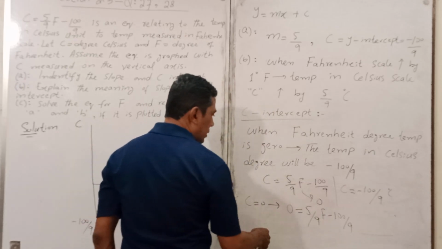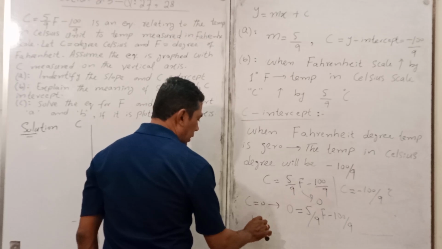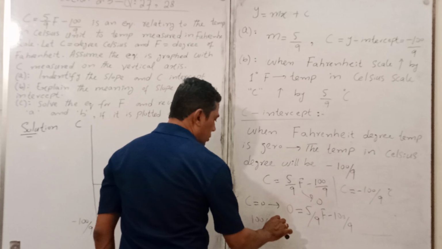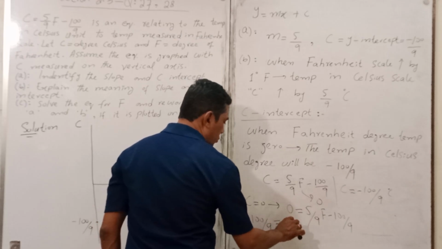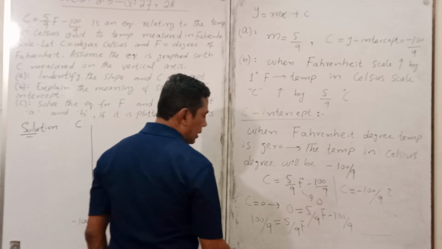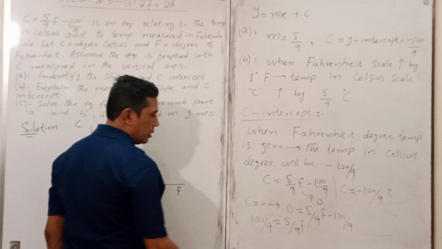Solve it for this one. So 100 over 9 equal to 5 over 9 F. Clear? So you can solve it.